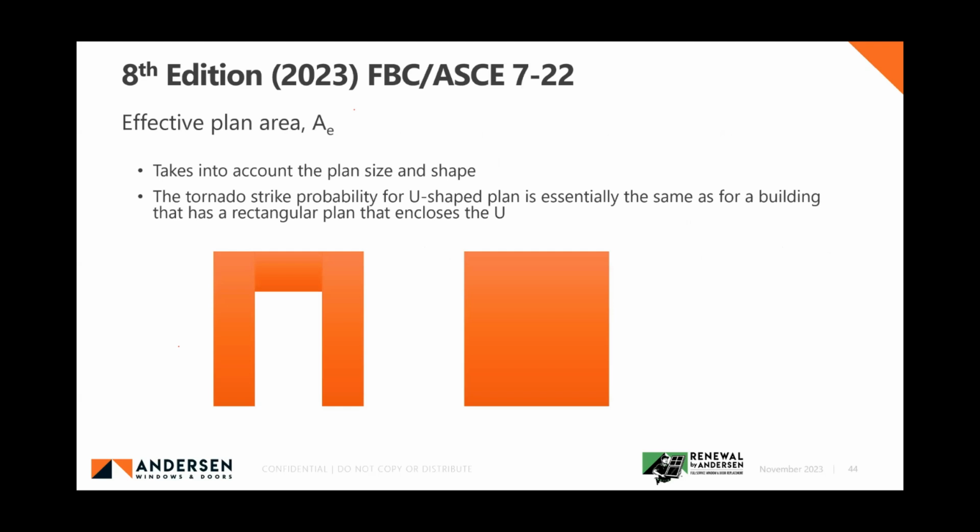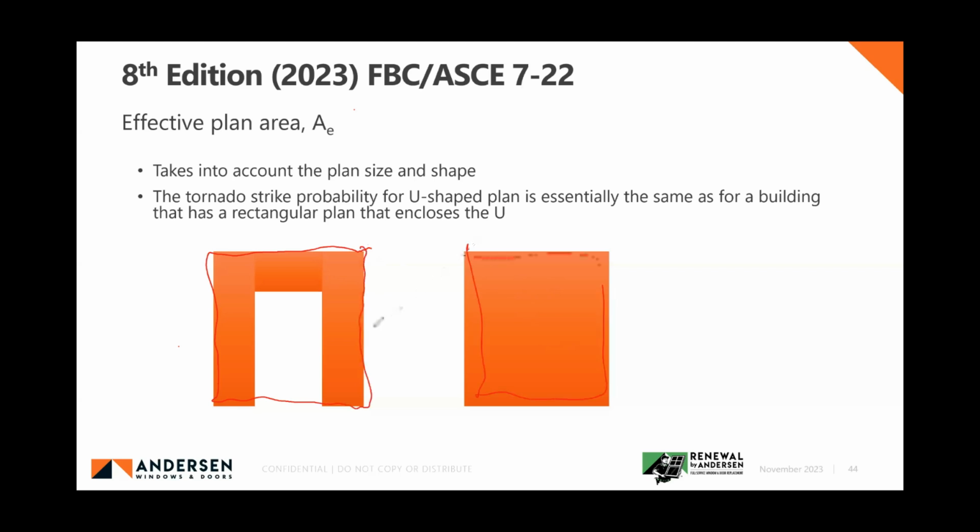So what you have to look at is not the floor area, it's the effective plan area. I'm not going to get into a whole lot of detail, but you draw a convex polygon completely around the building. For this example, this is a U-shaped building, and it clearly has less floor area than the building on the right, but the effective plan area, when you draw the convex polygon around it, is the same.